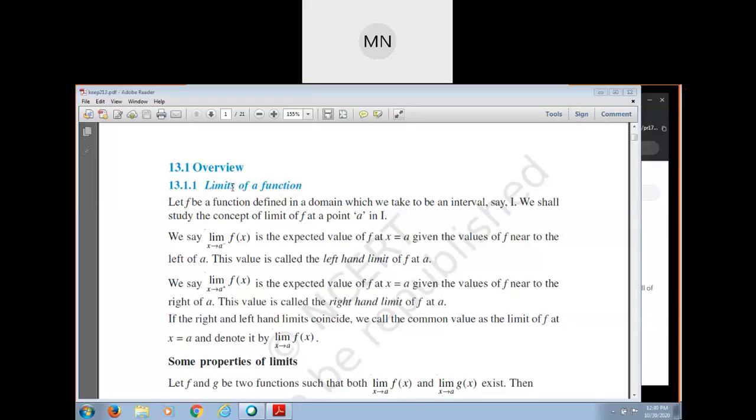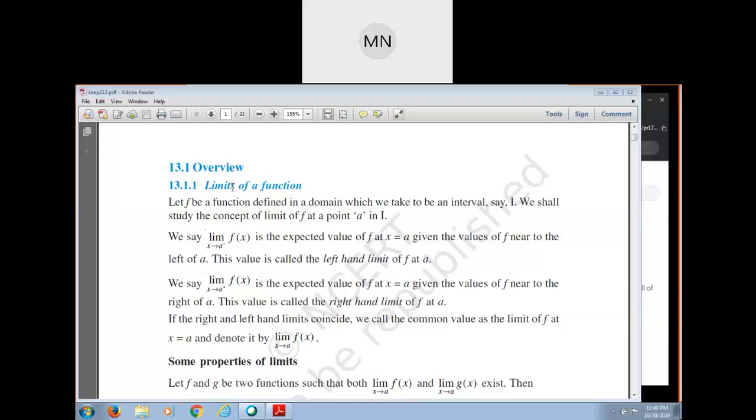Suppose we consider a particular point a. Do you know about the number line? I think all of you know about the number line, isn't it? The number line is the real number system, it goes from minus infinity to infinity.